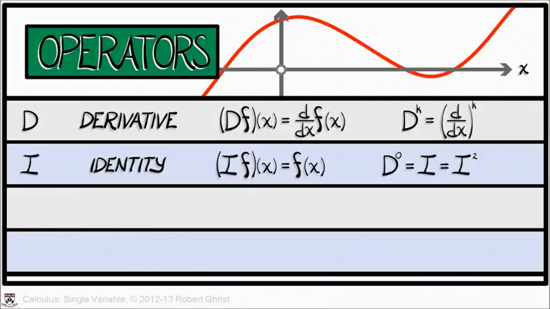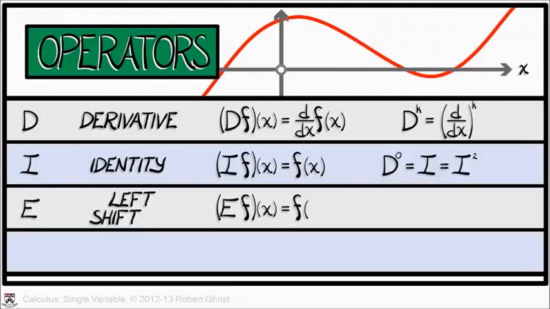There are a few other interesting operators that we're going to take a look at. One, let's call it E, capital E. This corresponds to a shift of f. E of f is going to be the function which, when evaluated at x, gives you f at x plus 1.